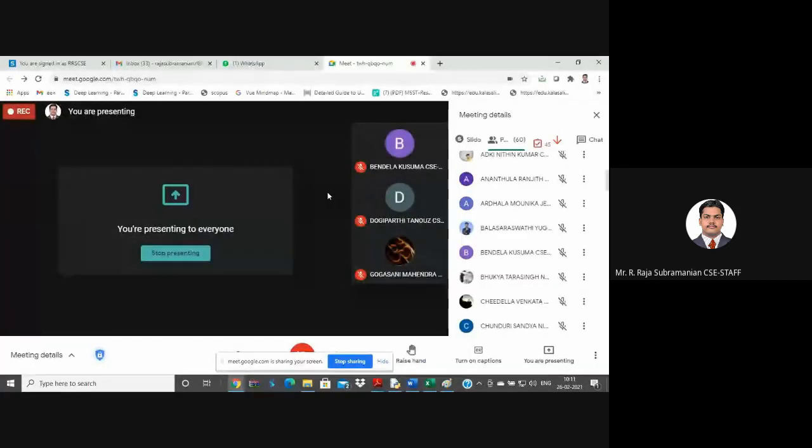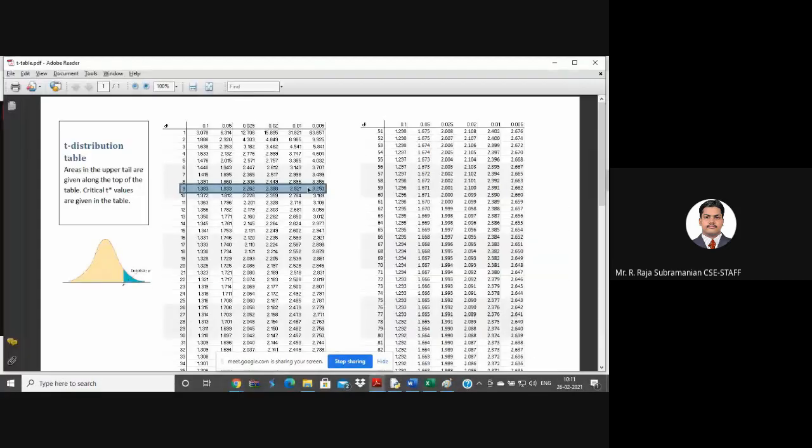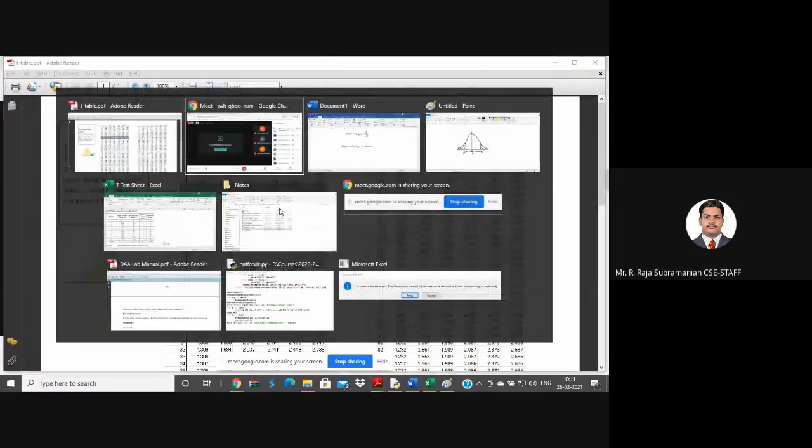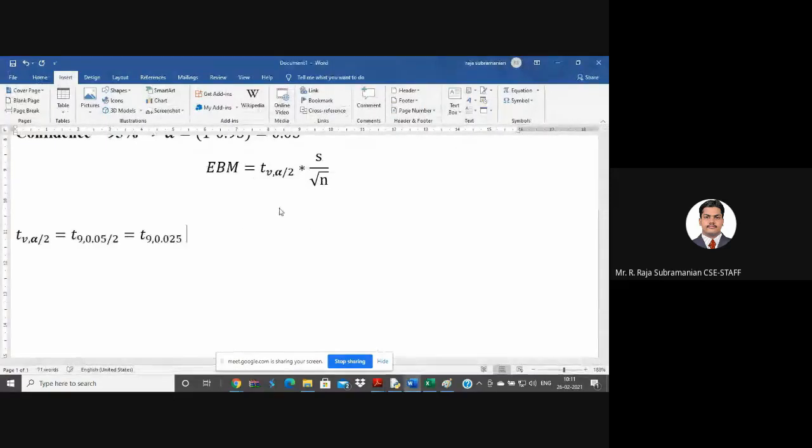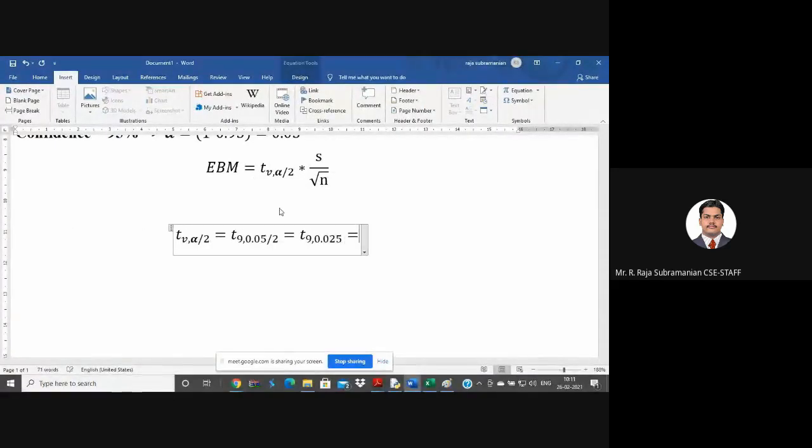My degrees of freedom is 9 and the alpha by 2 value is 0.025. So what will be my t table value? 2.262, very good. So I write that it is equal to 2.262.